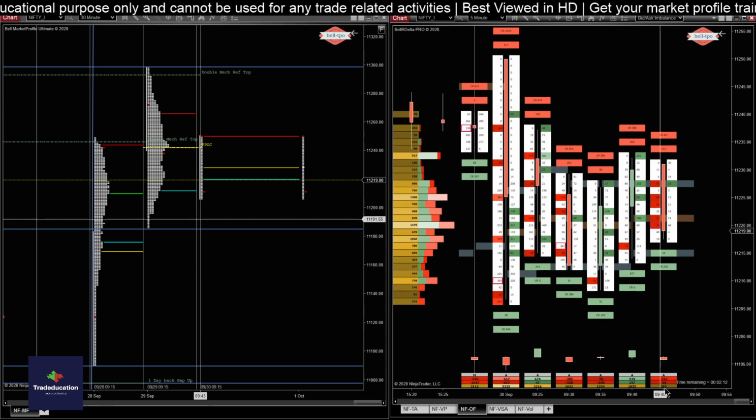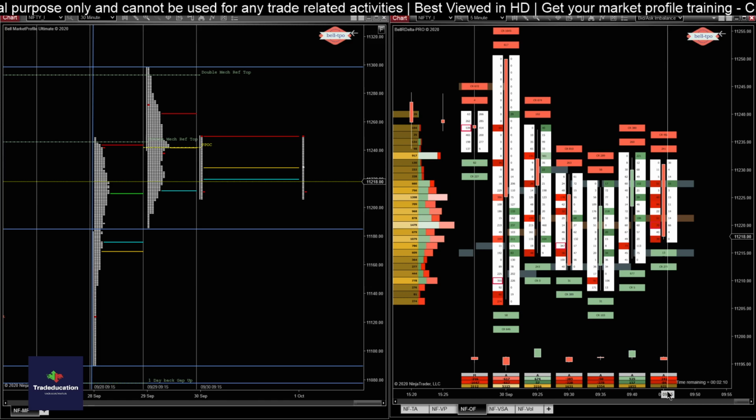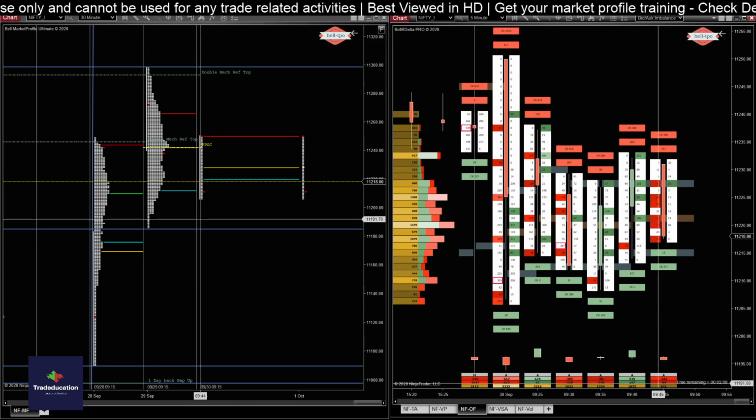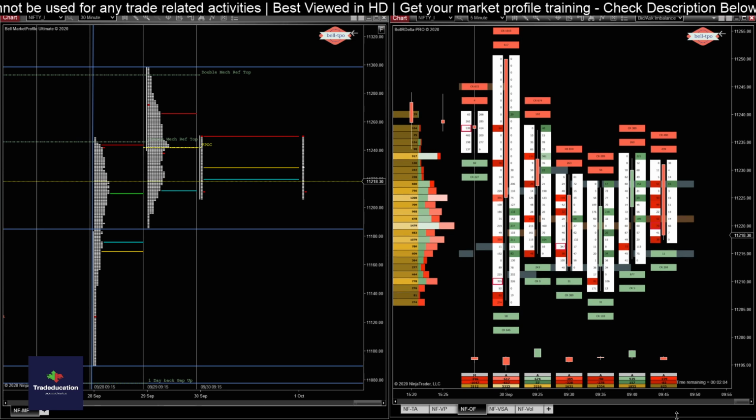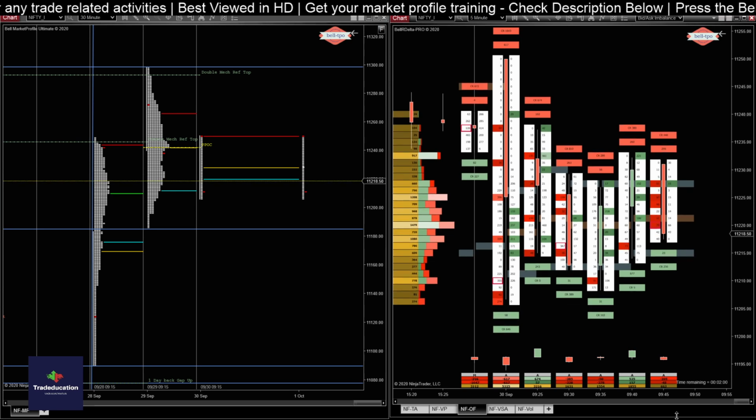See the volume flow. 600, 1800, 600. So not good selling, not good buying. It's just hovering around VWAP.